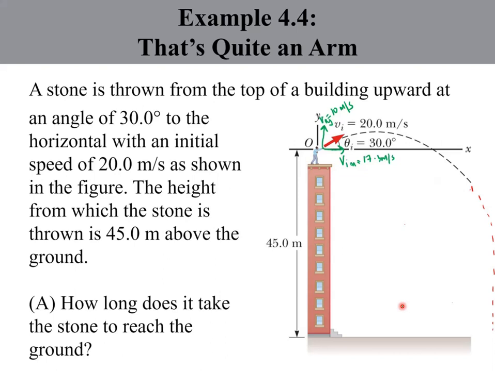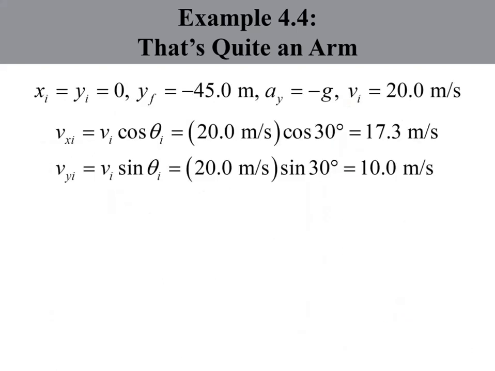So we can analyze it in terms of the y-axis, using the y equations. Compare all the equations that we have learned previously with the information given and see which equation matches the information given.